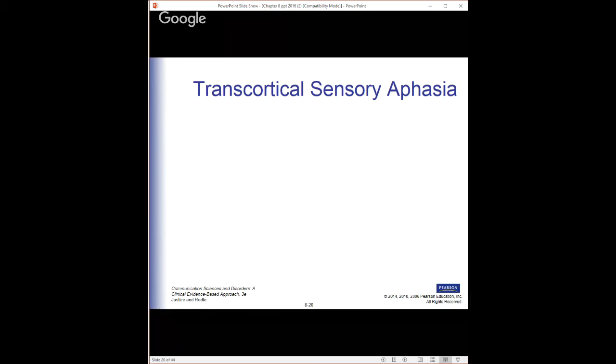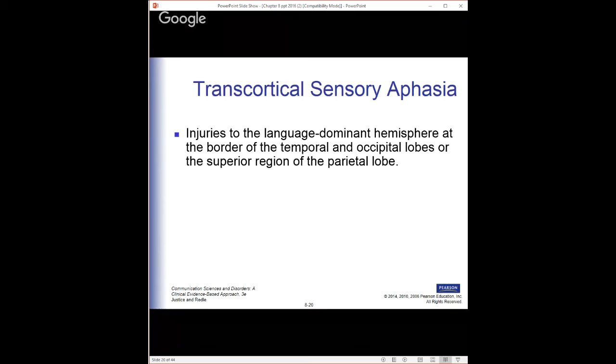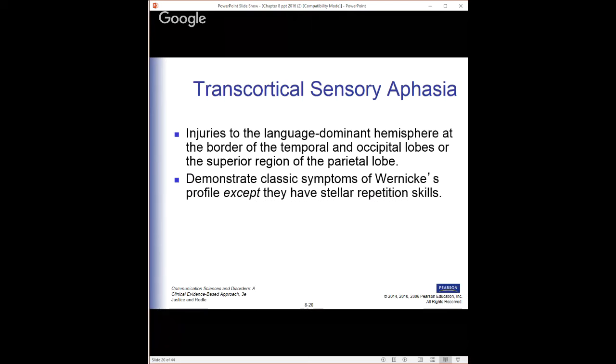Transcortical sensory aphasia is characterized by injuries to the language dominant hemisphere at the border of the temporal and occipital lobes or the superior region of the parietal lobe. People will demonstrate classic symptoms of Wernicke's profile, except that they will have stellar repetition skills.